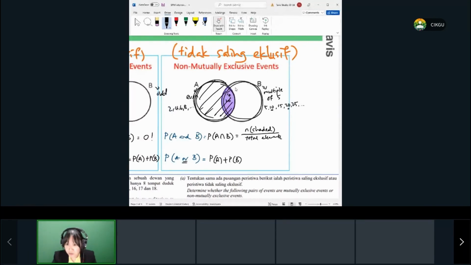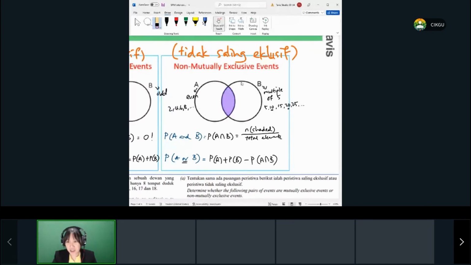Then when you add B, this portion is added one more time, which is wrong. So you need to minus off the probability of A intersect B. This is a logical understanding, but if you don't understand it logically, you can just memorize it. But to me, it's logical.